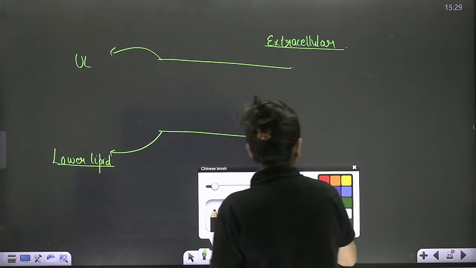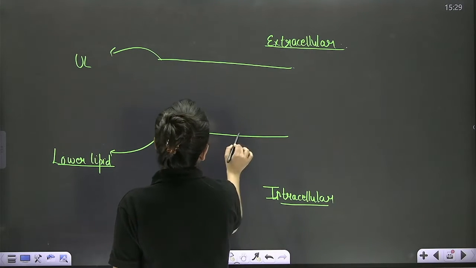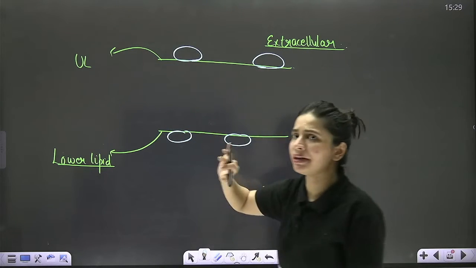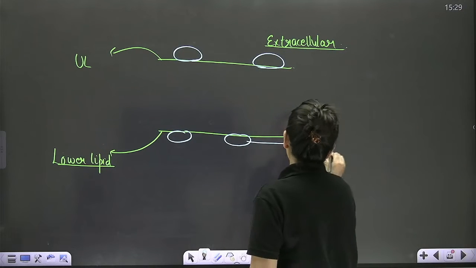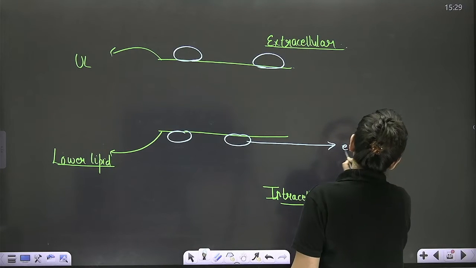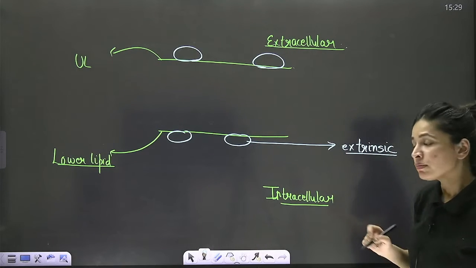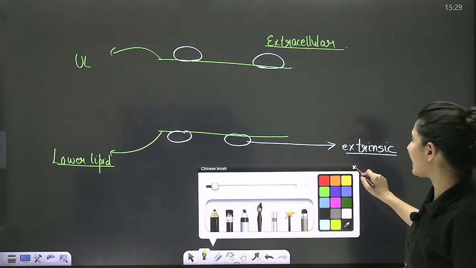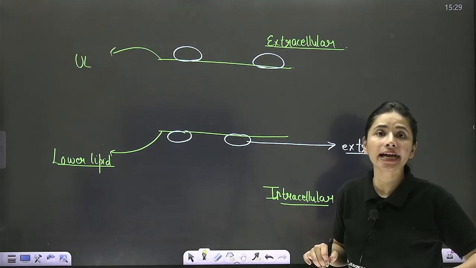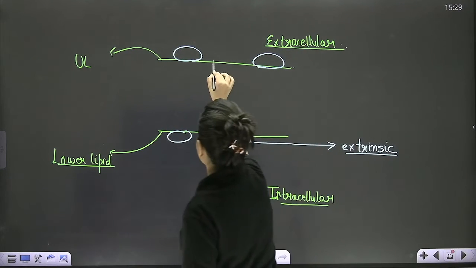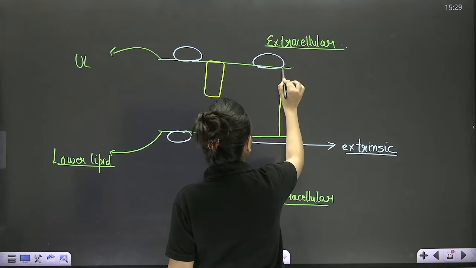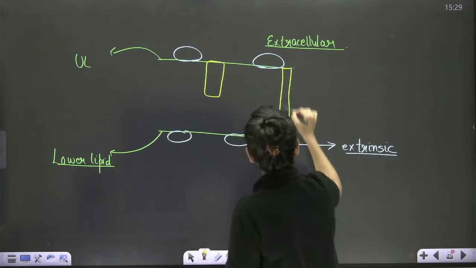Now, some proteins are present simply on the membrane like this. Not inside the membrane, rather simply on the membrane. All such proteins are called extrinsic protein. Correct? Whereas some proteins are embedded inside. Depending upon how much they are inside the membrane, they can be partially inside the membrane like this, or they can be totally inside the membrane like this.